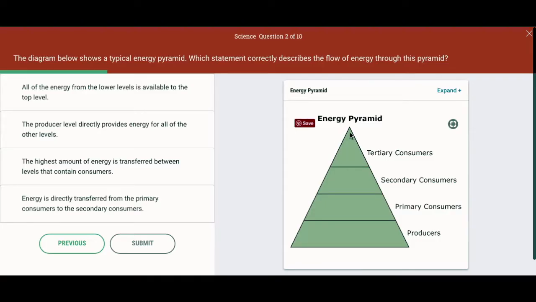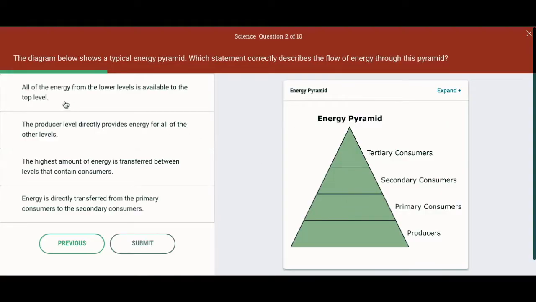So which has more green? Obviously, we see that there's this little triangle up here, which is the tertiary consumers, and this big green area down here for the producers. So obviously, the producers have more energy than the tertiary consumers, right? So we can say that energy gets lost as we move up the pyramid, right? There's less energy at each level.